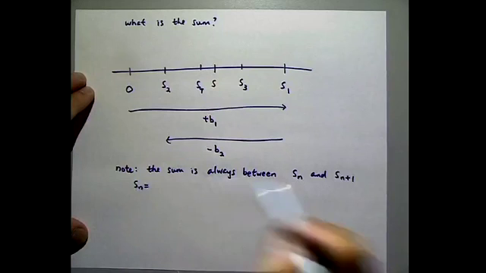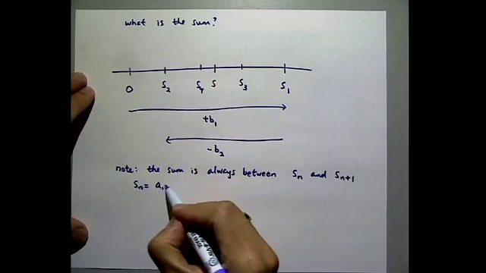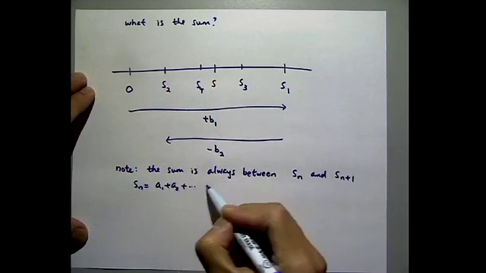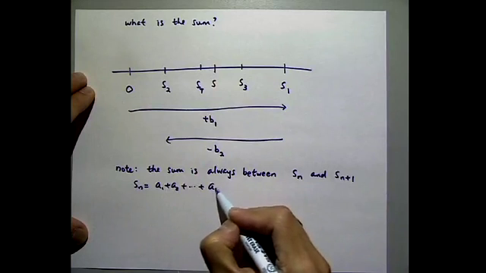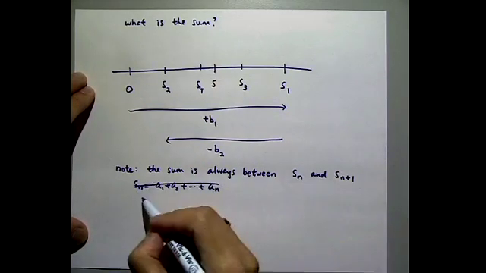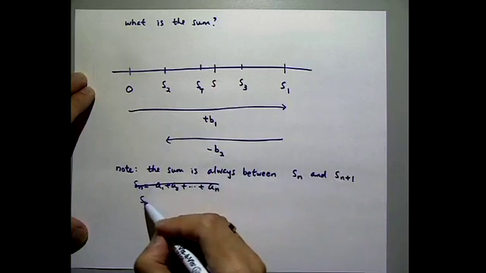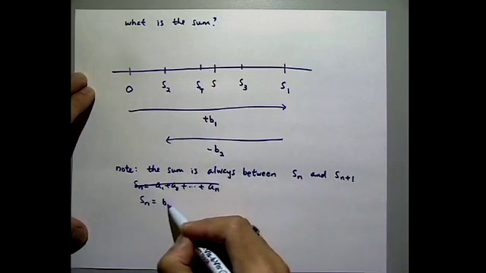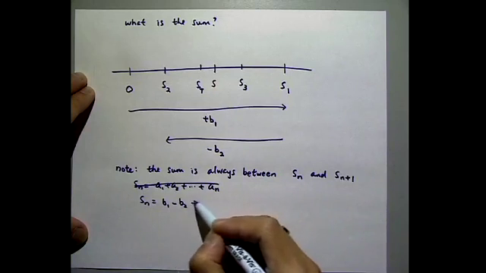So let's see. S of n is A1 plus A2 all the way to AN. Oops, no, we're using B here, sorry. B1 minus B2 plus dot, dot, dot.